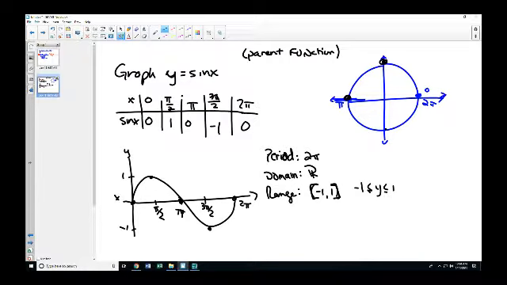So we have the domain and range. Again, keeping in mind the range, what's the amplitude here? Based on the graph, how high does it go? There's your amplitude. So 1 unit either side of the x-axis.